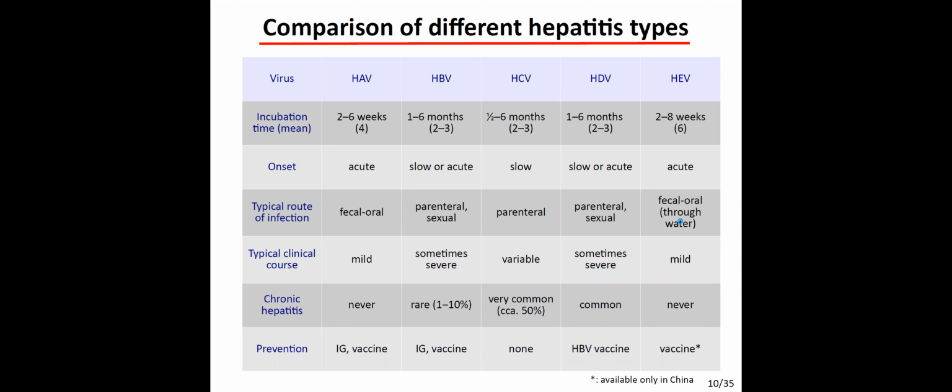It is mostly parenterally or sexually transmitted. It has a longer incubation period, and usually it takes a little bit longer until the patient recovers from this hepatitis B viral infection.